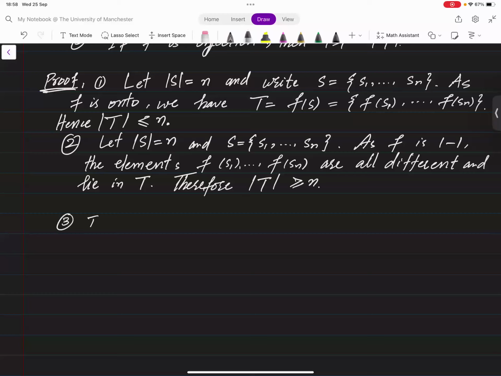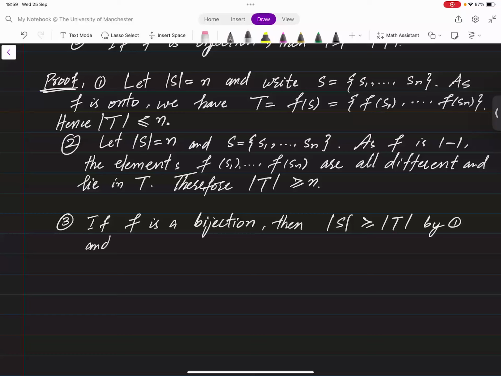Number 3, if f is a bijection, then we have both inequalities. So their order is the same. This is the proof.